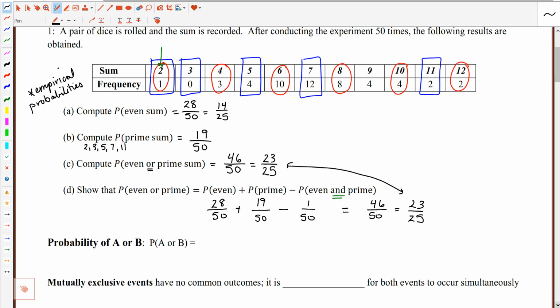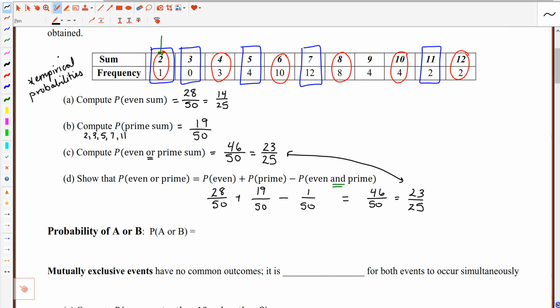Now the reason why we're subtracting this off is that if I find each one of these probabilities separately, I've double counted somebody, right? This 28 counted this frequency in here, and this 19 counted it again. So if you're going to use this formula, what this part right here does is it subtracts off the element that was counted twice. So that works in general.